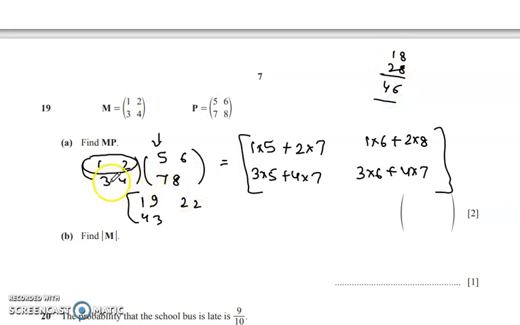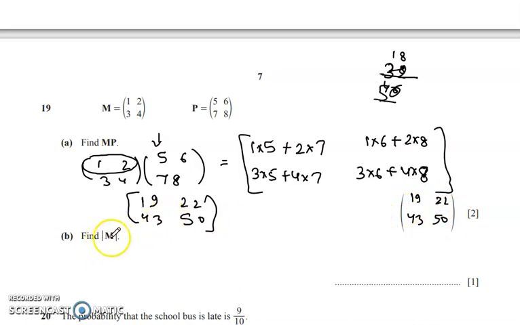Let me check whether I made any mistake or not. Oh sorry, 4 into 8, it is again a common silly mistake. So our answer is 19, then 22, then 43 and then 50. This is how we can find the multiplication.